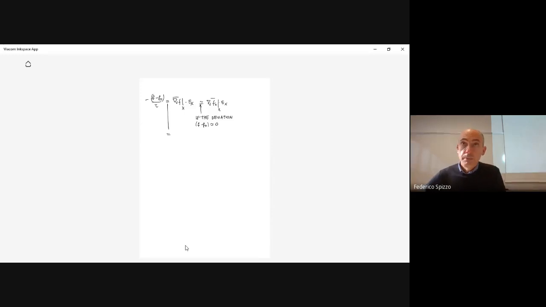In principle, F is equal to F0 plus the deviation from the equilibrium.